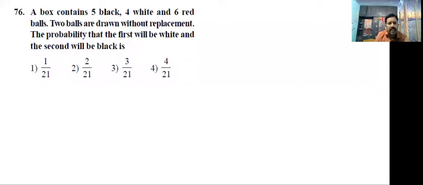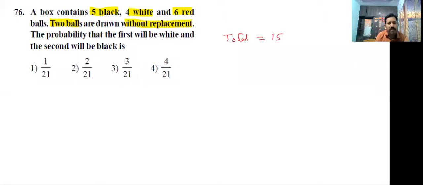A box contains 5 black, 4 white, 6 red. Total number of balls: 5 plus 4 is 9, plus 6, 15 balls are there. Here we want to draw only 2 balls without replacement. Remember it.